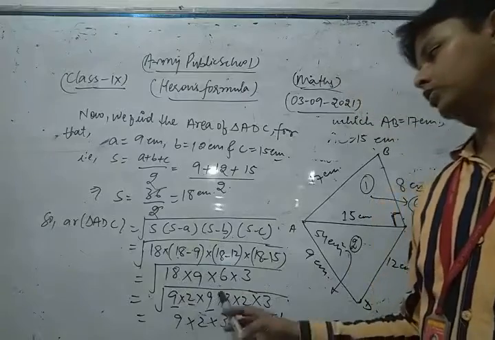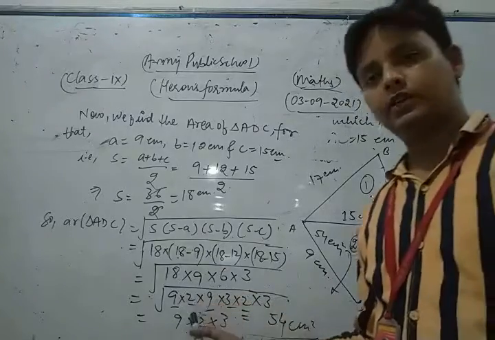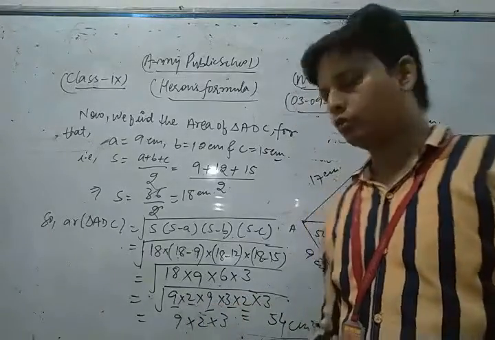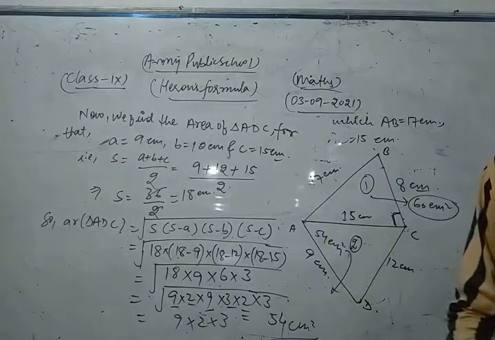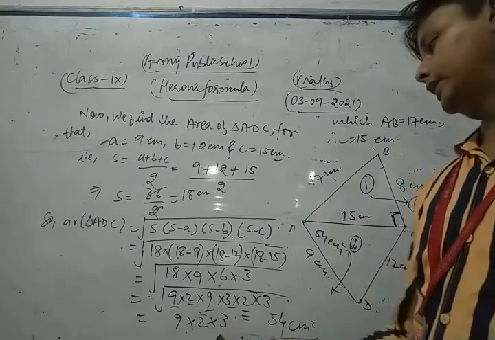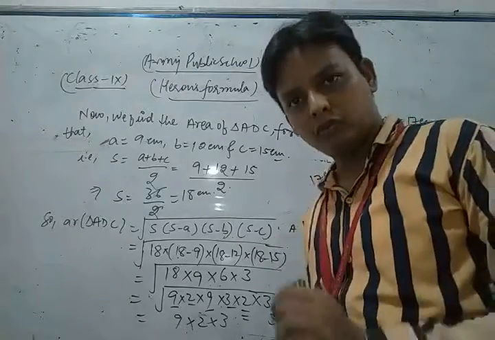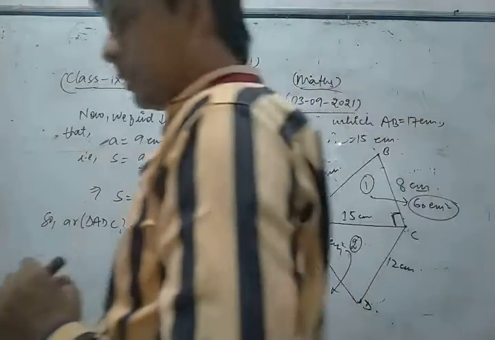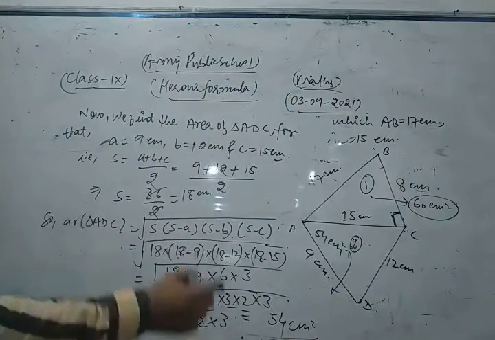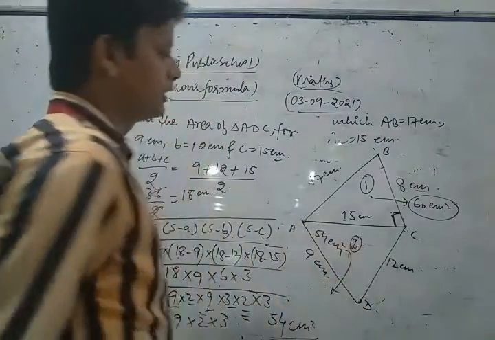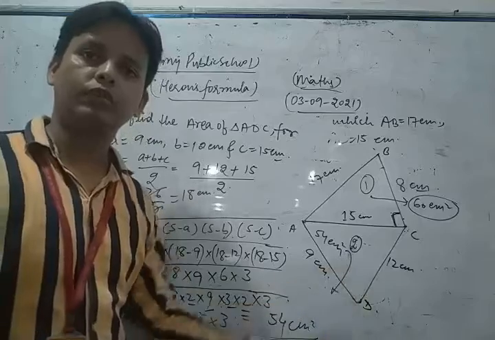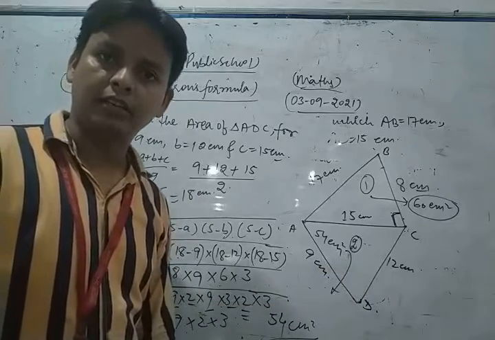After that, those numbers which are in pairs, we take common out from the square root. After multiplying them, we get 54 centimeter square, which is the area of the second triangle.